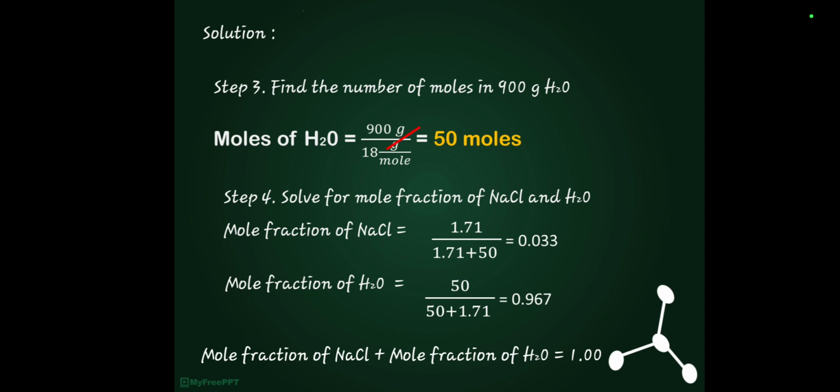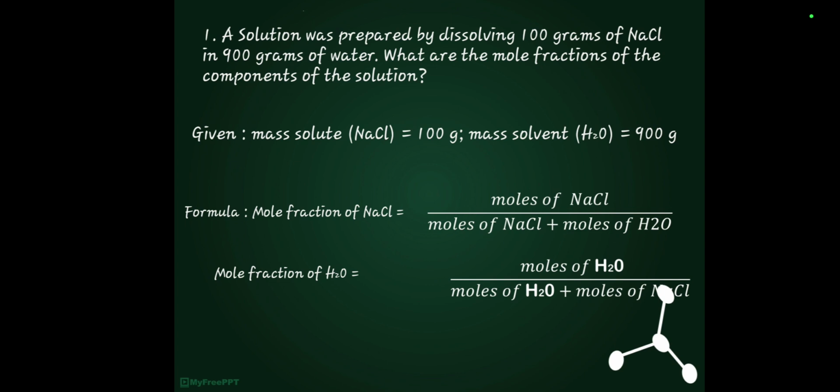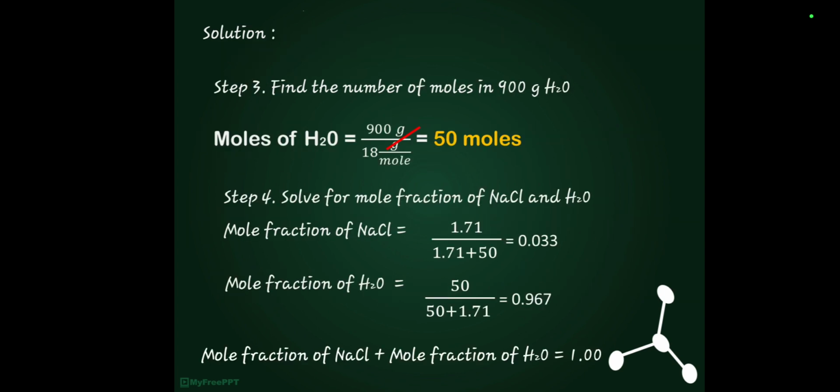The 900 comes from the given in the question, as you can see. 900 is divided by 18, which comes from the atomic masses of hydrogen and oxygen. Cancel the same gram unit. 900 divided by 18 is equal to 50 moles. So we've done getting the moles of each substance, from sodium chloride to water.